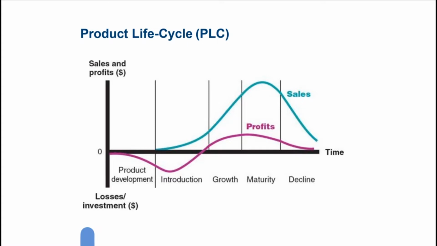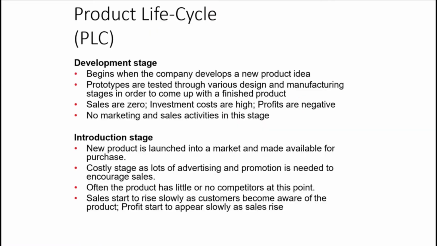And after all comes the declining stage, where sales start to slowly go down as our product starts to get old or morally old, or we are losing our position in the market. Product life cycle.